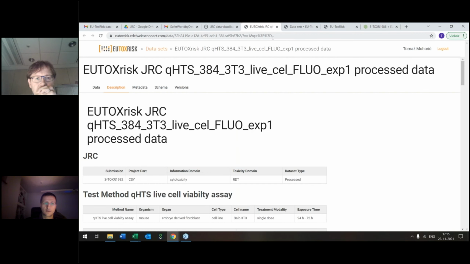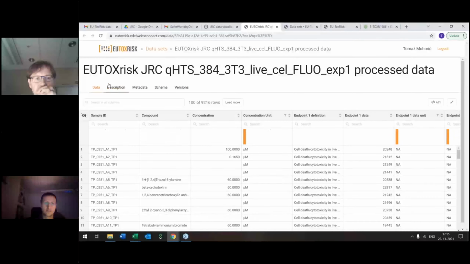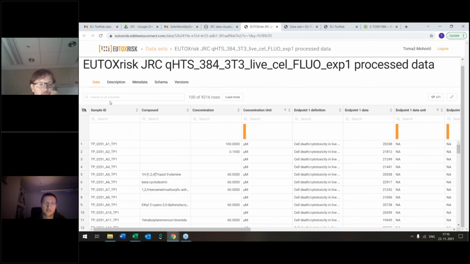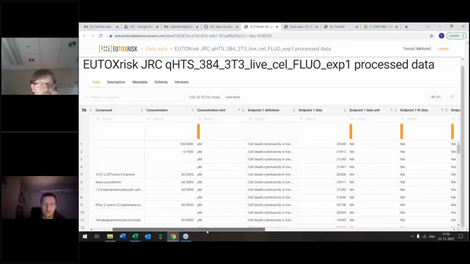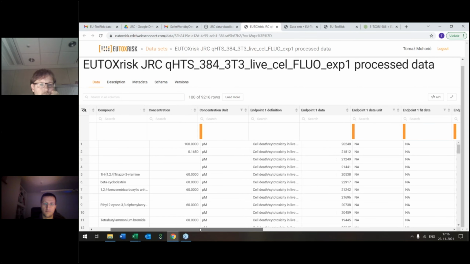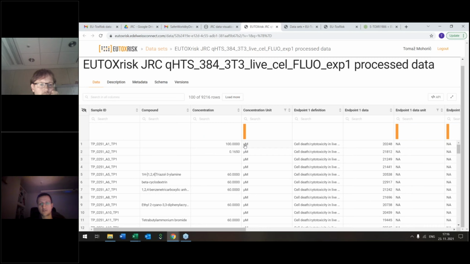So in EU-ToxRisk, we decided to build a certain template that each data set produced in the project had to conform to. For example, each data set has one part where all the measurements were stored.